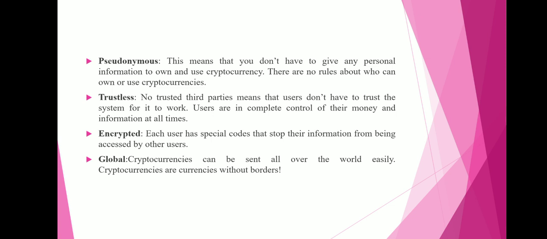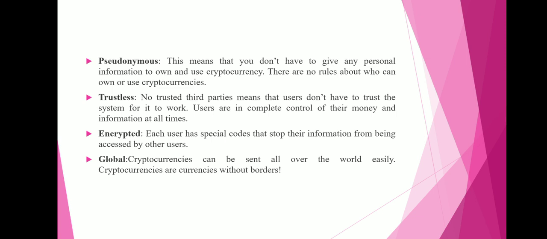The next property is encrypted. The technology we are going to use is blockchain, obviously, and blockchain provides secure encryption mechanisms. Each user has special codes that stop their information from being accessed by others, so data confidentiality is provided by the Bitcoin or blockchain network.